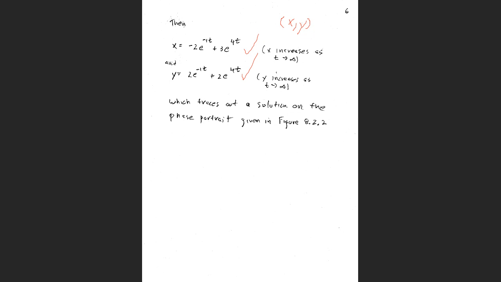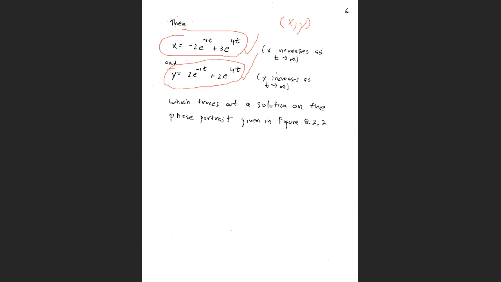If the movement of the particle is modeled by those differential equations, where dx/dt gives the velocity of the particle with respect to time in the x direction, and dy/dt gives the velocity in the y direction, then the coordinates of x and y as a function of time are given here.